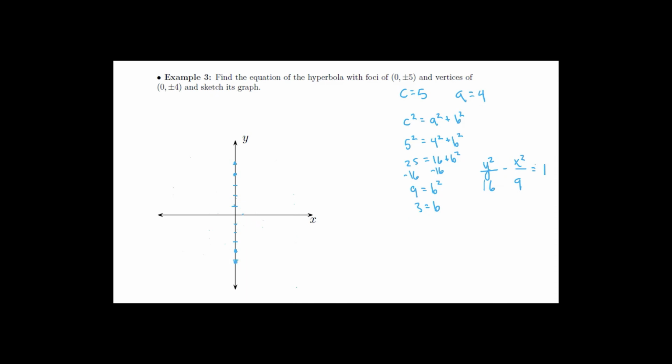And then because b is 3, we just know we go in the x direction 3 and -3, and that will allow us to form our box. And once we have our box formed, that's when we can sketch our asymptotes. So we know what this hyperbola has to do in the long run.